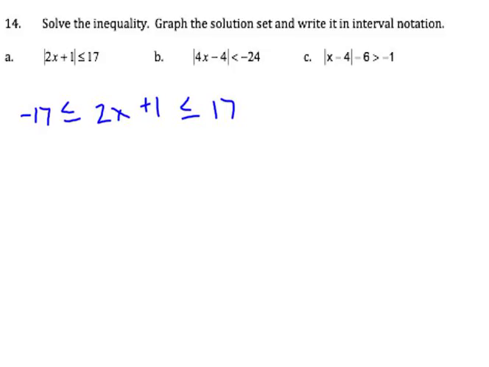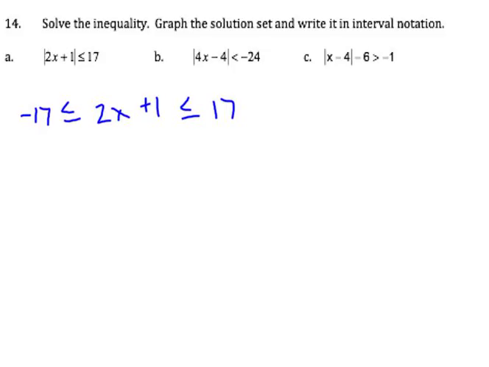The second part of that was I changed the direction and made it negative. So this was greater than negative 17. This is greater than, if you're reading it from the right to the left, is greater than negative 17. So if I turned that part around, the 2x plus 1 is greater than negative 17. It becomes negative 17 is less than or equal to 2x plus 1.